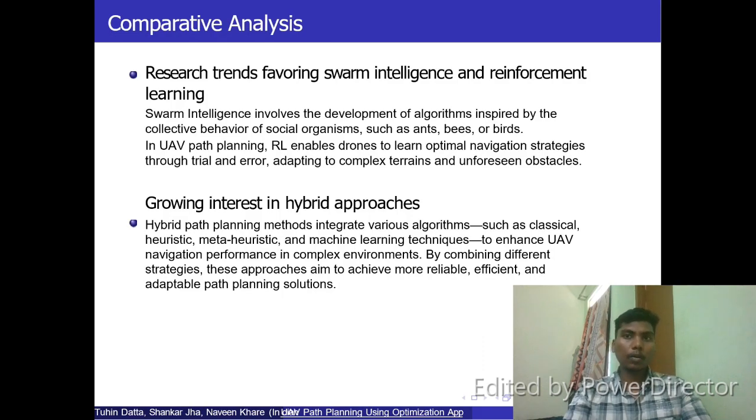The analysis also shows a growing interest in hybrid approaches that combine complementary algorithms to overcome individual limitations. Comparing algorithms across different metrics shows that no single approach excels in all scenarios, highlighting the importance of selecting appropriate methods based on specific application requirements and constraints.